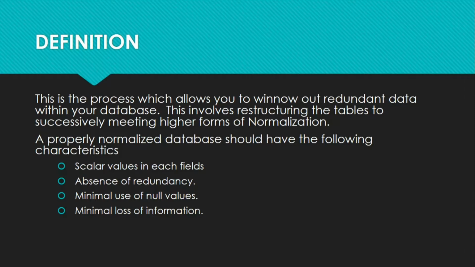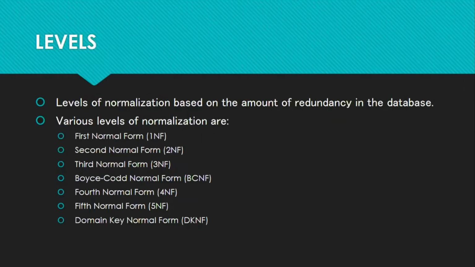Okay, so let's see. There are levels of normalization, based on the amount of redundancy in the database. Most of the time, at the third normal form the data is completely organized.